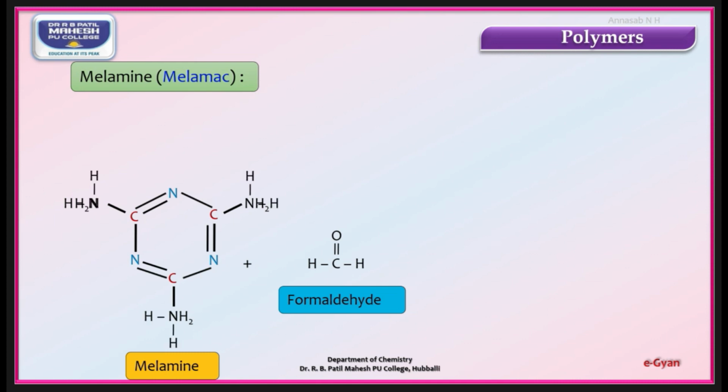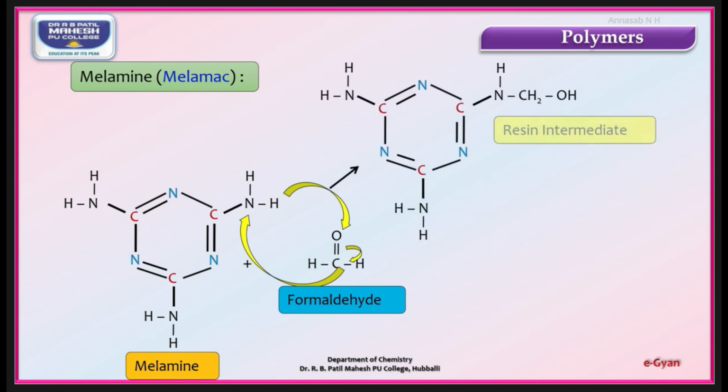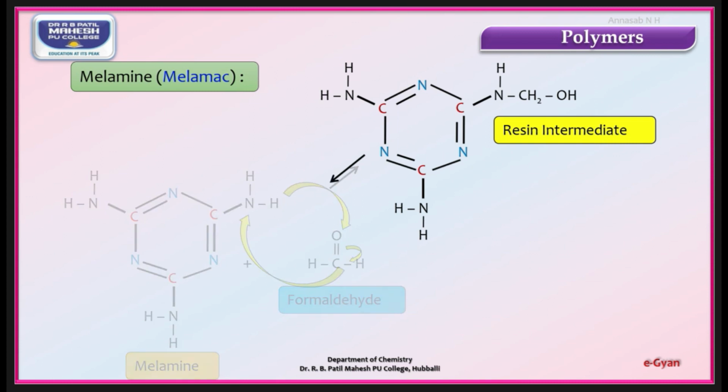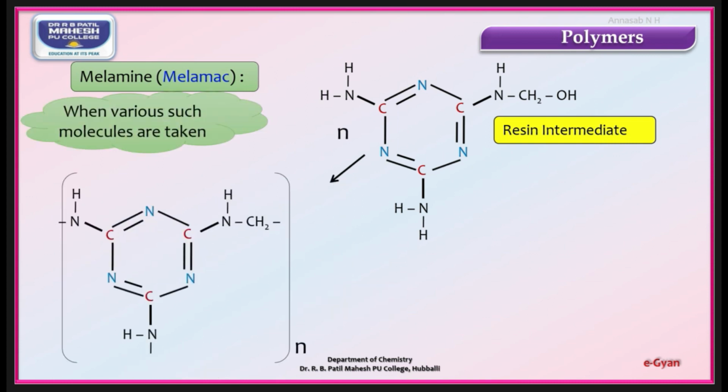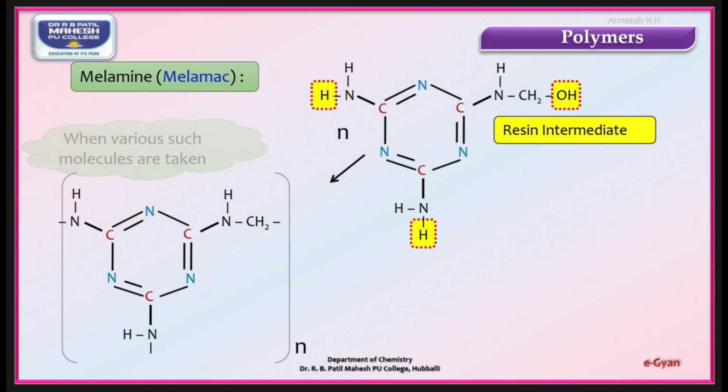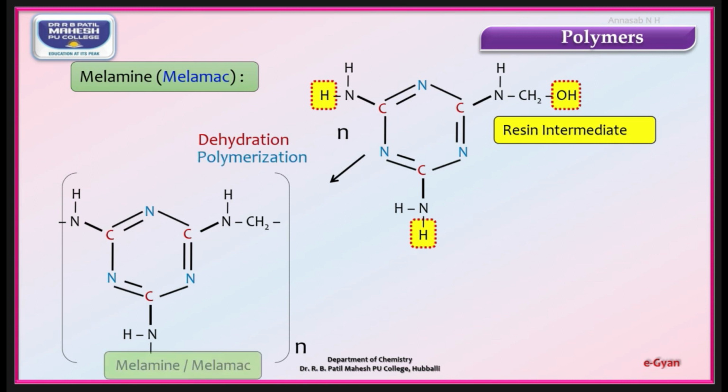Those NH2 groups combine with formaldehyde, and that leads to the formation of a new structure, a resin intermediate. That resin intermediate, taken N times with the removal of water molecules, dehydration, is known as polymerization. What we get is melamine or melmac.